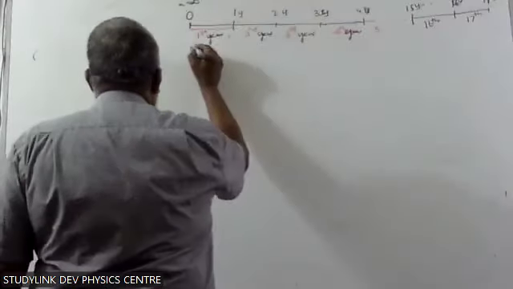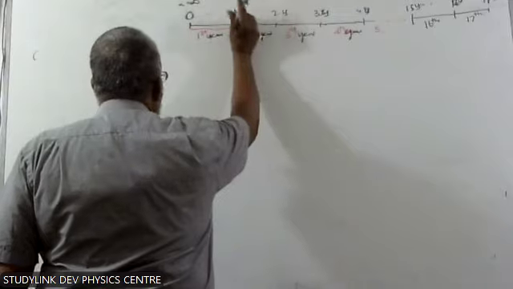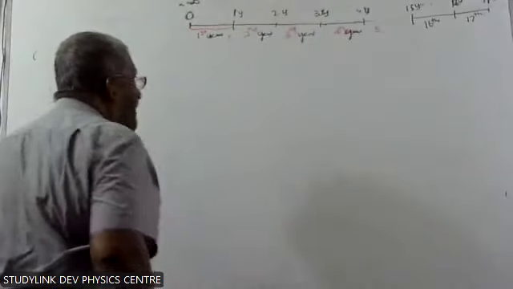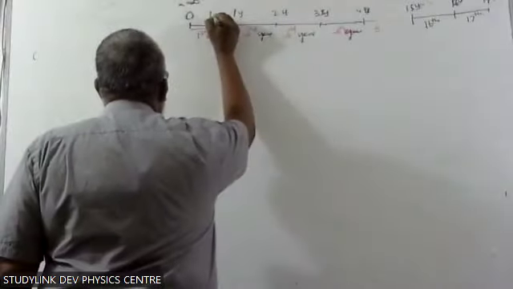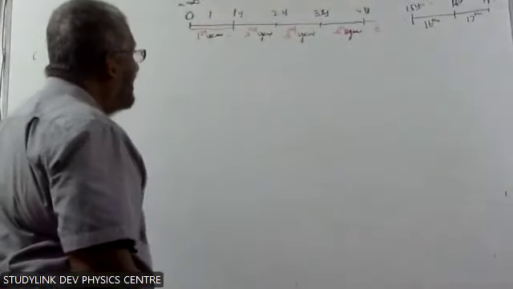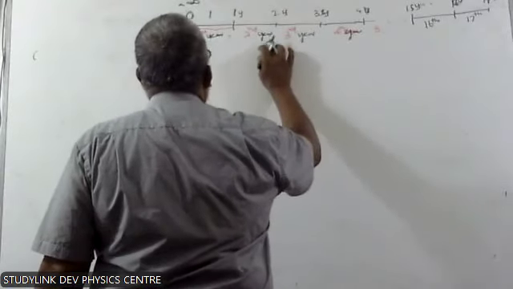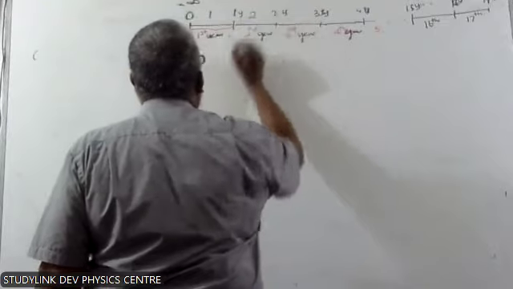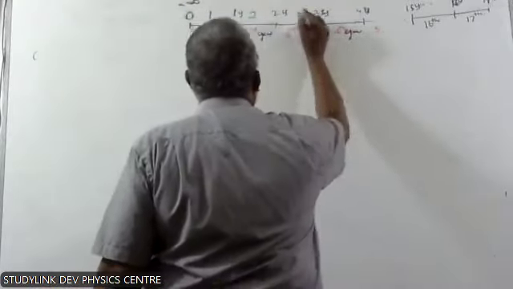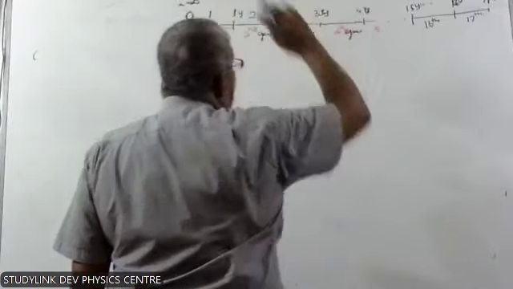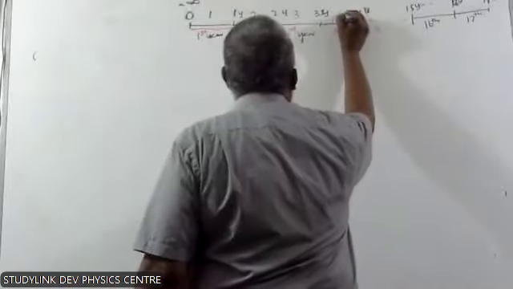So from that, 0 to 1, but this first year we call year 1. Then 1 to 2 in the calendar year is 2. It is a bit difficult to understand like that. 2 to 3 is calendar year 3. Like that we can go up to 4.